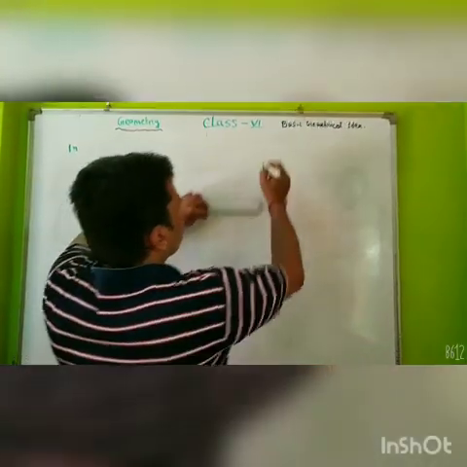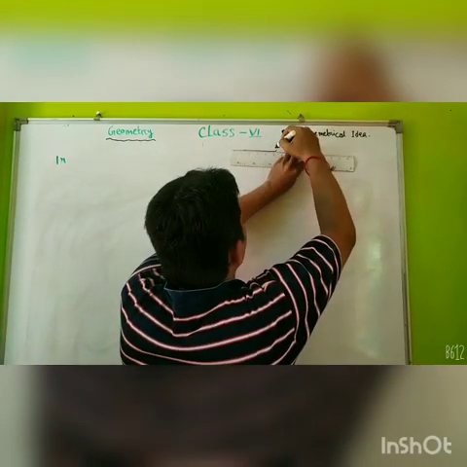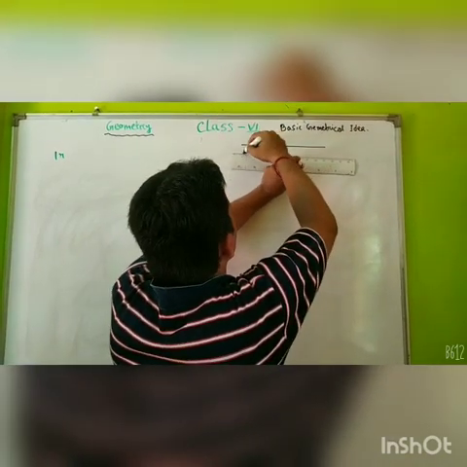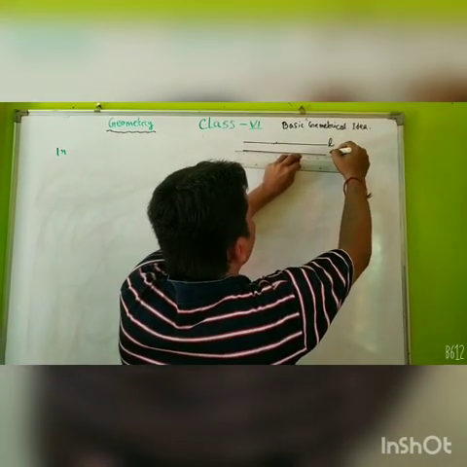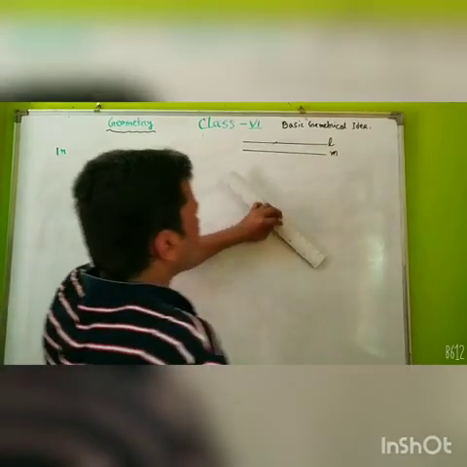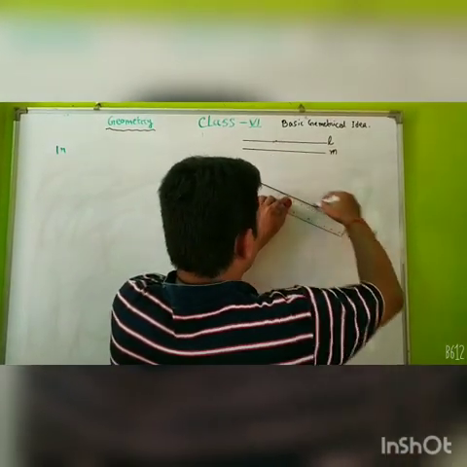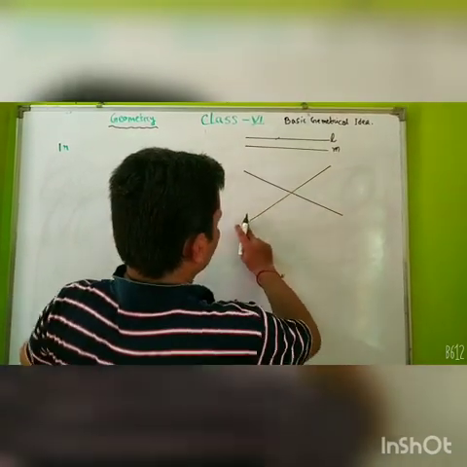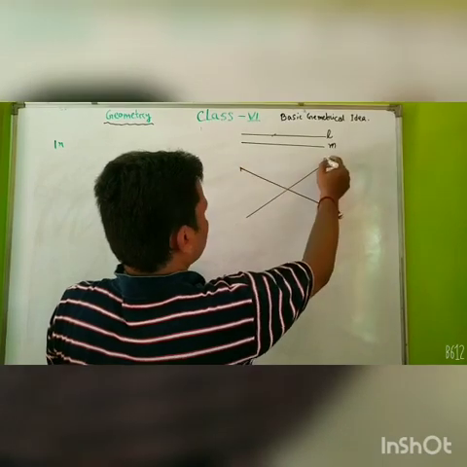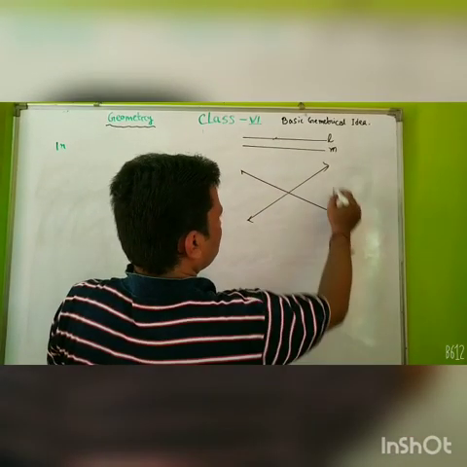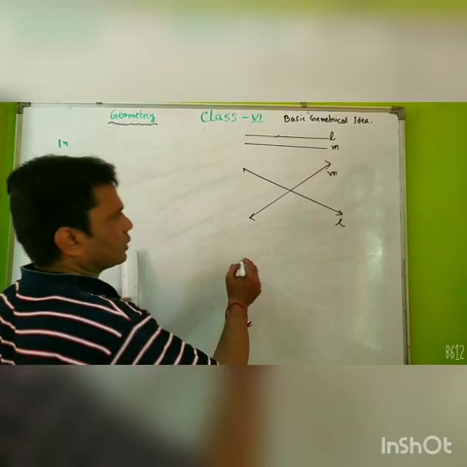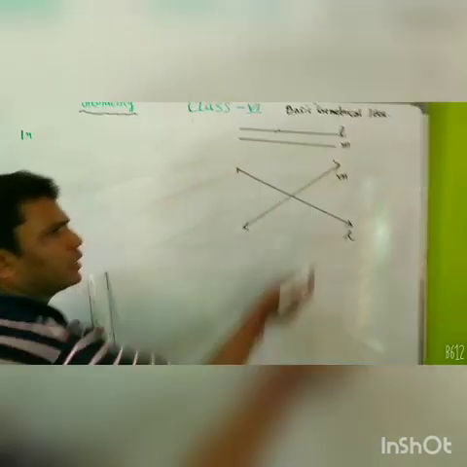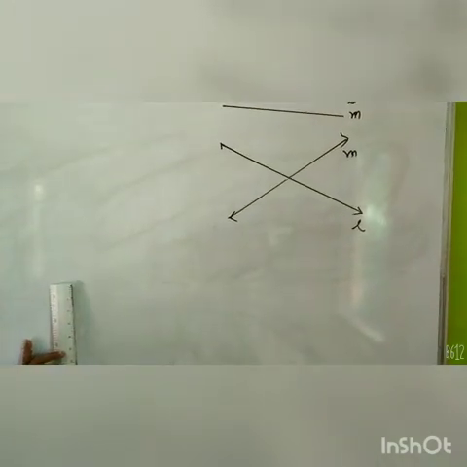Suppose two lines. One line is L. Second line is M. L and M both intersect at one common point. Two lines L and M are said to intersect.